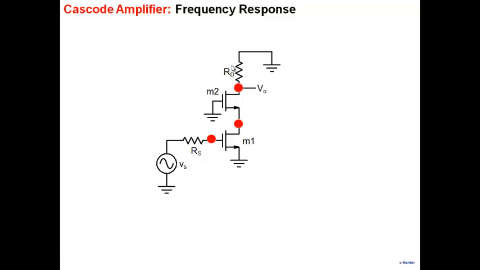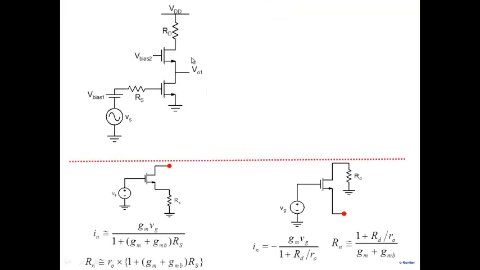But this transistor suffers from Miller's effect due to the gain between these two points. If we can show that the gain between these two points is very small, then my amplifier does not suffer from Miller's effect. That's why I'm going to calculate the gain between these two points. So the focus is now here.